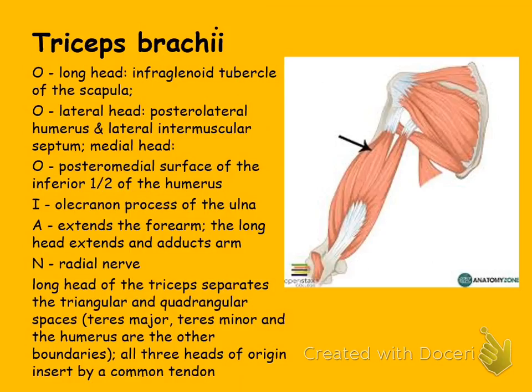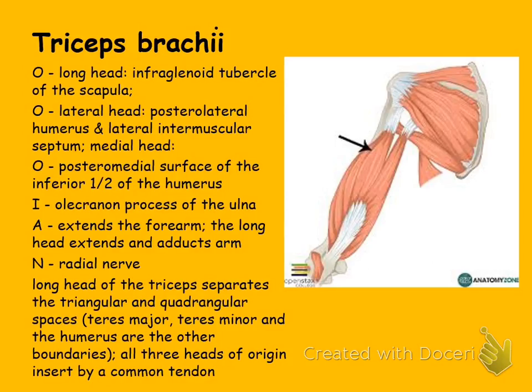Triceps brachii. Well, if biceps brachii has two heads, this one has three. It's found in the back of the arm. This is the antagonist to the biceps. What is an antagonist? The opposite. Does the opposite. So we have an agonist that is a muscle that moves something.